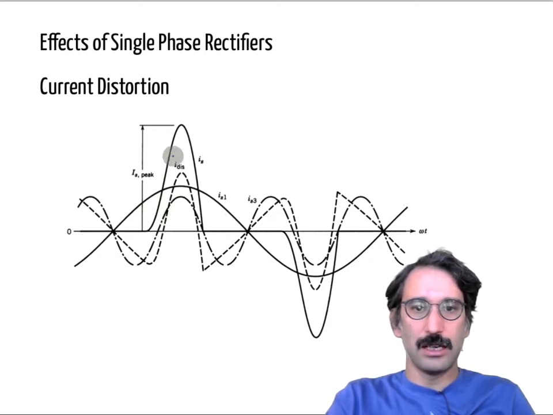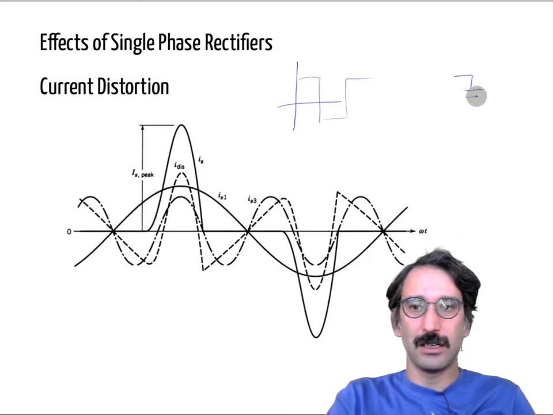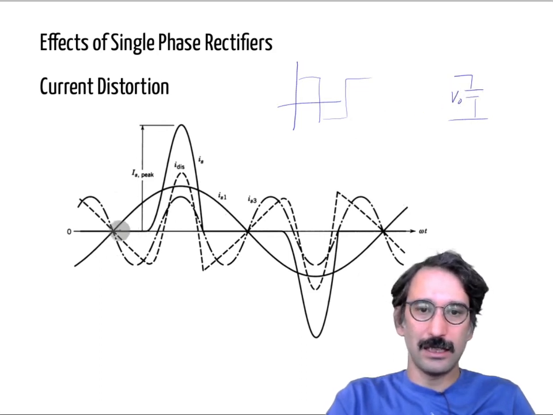In our case we are just drawing a square wave current, but remember, if you have some kind of capacitors or some kind of voltages at the secondary side, then even the current will not be continuous, so you will have some peaks.